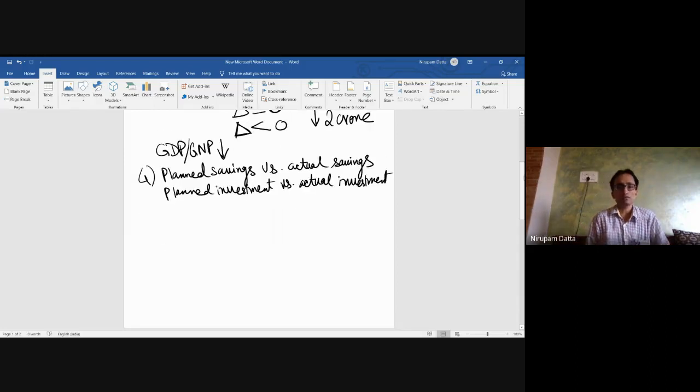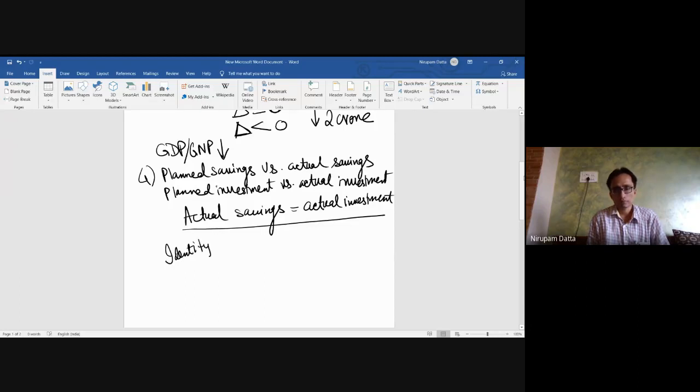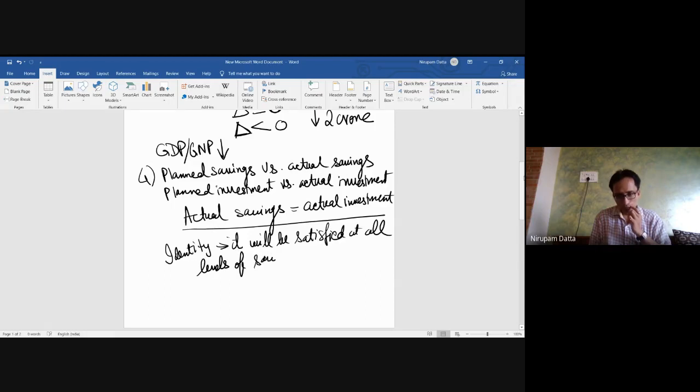Identity means that they will always be satisfied. That means actual savings will always be equal to actual investment. So identity means it will be satisfied at all levels of savings and investment.